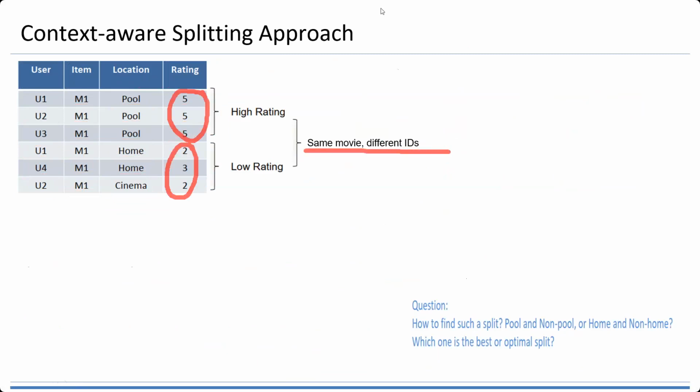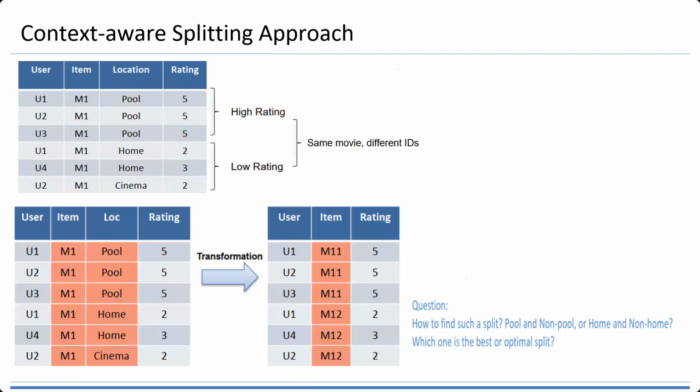Based on this background, researchers try to split it. The transformation: they want to split, so they include this location information into the item. How?